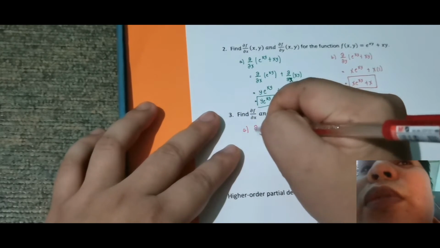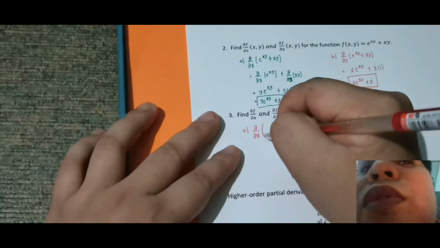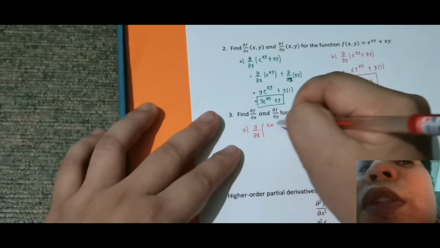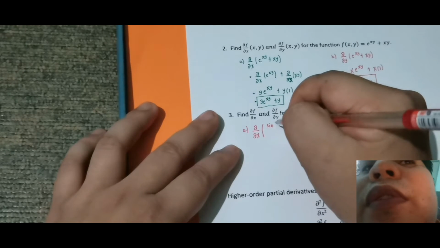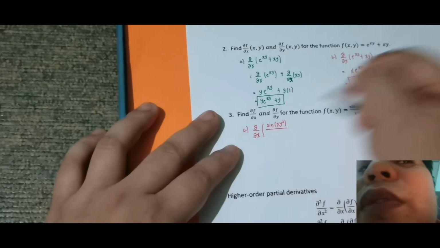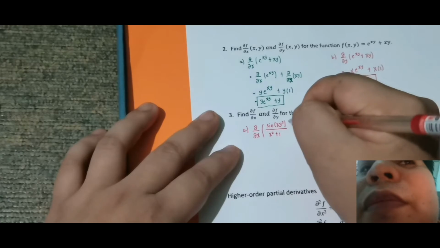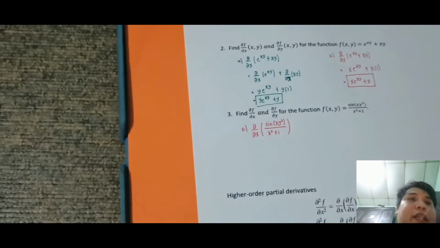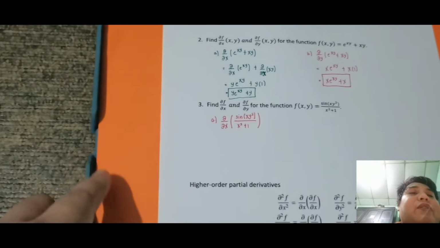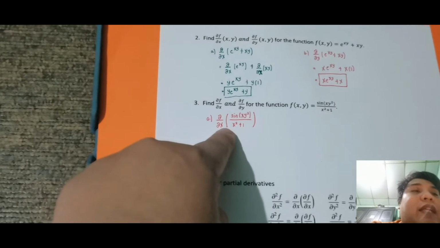So the partial with respect sa x nung sin xy squared all over x squared plus 1. Okay, so ideally, since with respect sa x tayo, may variable x sa numerator, may variable x sa denominator.